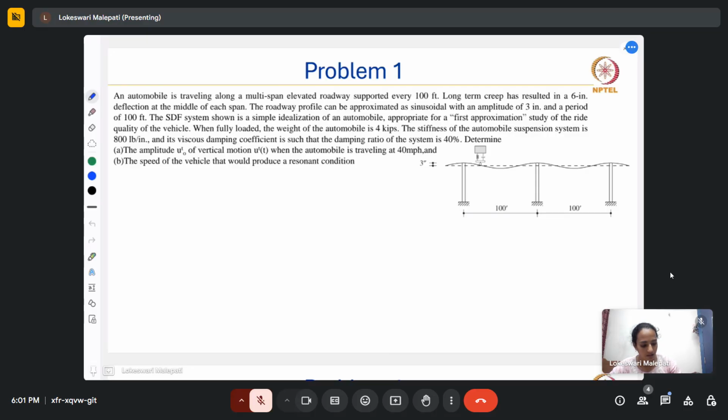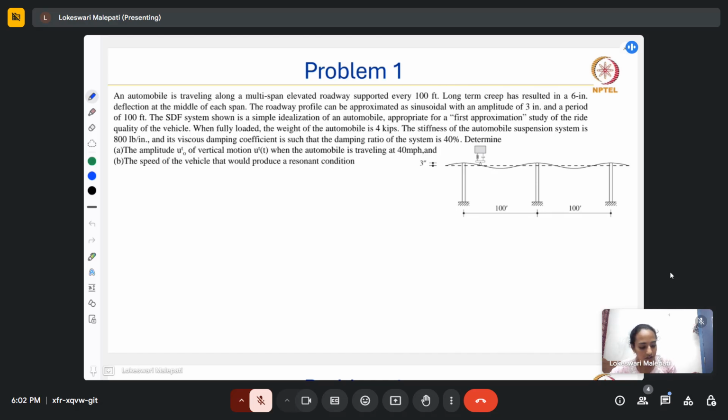Okay, the first problem is: an automobile is traveling along a multi-span elevated roadway supported every 100 feet. So long-term creep has resulted in a 6-inch deflection at the middle of each span. The roadway profile can be approximated as sinusoidal with an amplitude of 3 inches and a period of 100 feet.